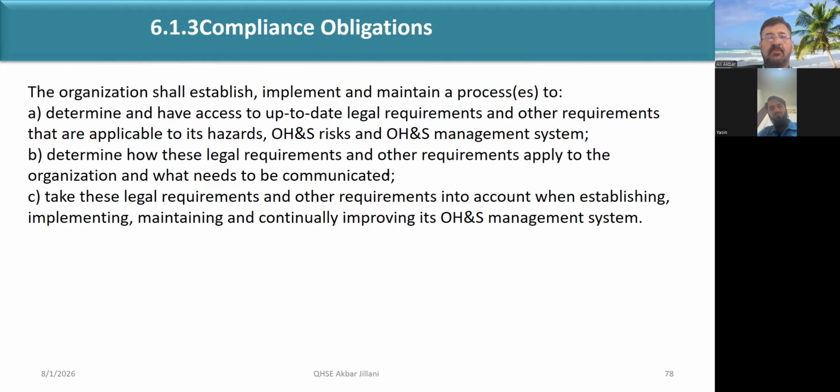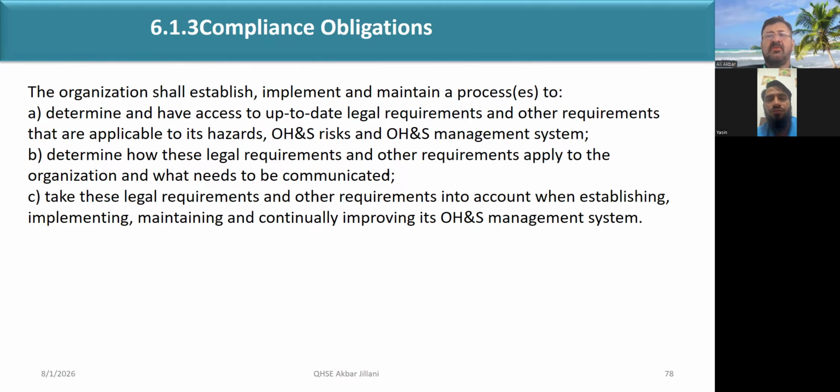When we talk about the legal requirement of any country on health and safety, the majority of countries have it from the ILO: Convention C155, and also Recommendations 164 and 167, and many other requirements.